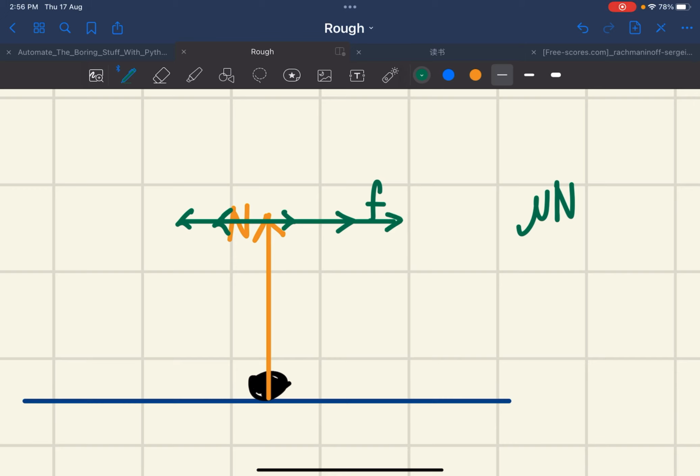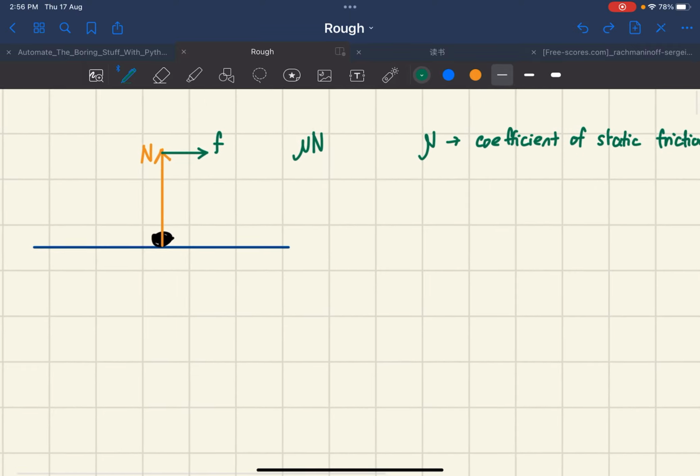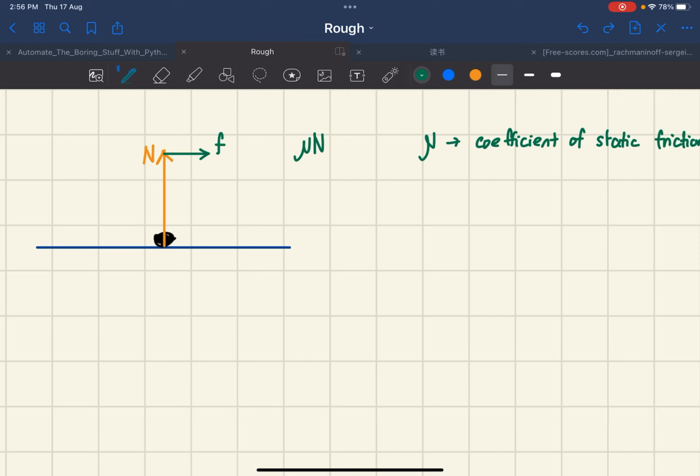All of these are possible as long as the vector is parallel to the surface and the magnitude does not exceed μN. It's getting cluttered. Let me erase some bit. So here's a visual way to represent this restriction.